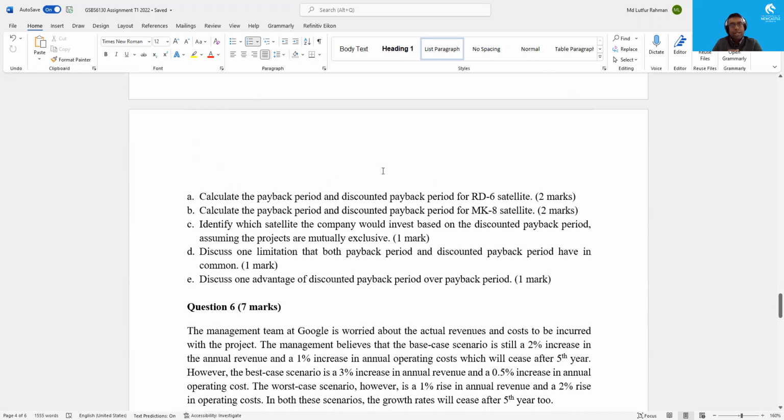Now, question number 7, calculate the payback period and discounted payback period, and you have a couple of questions. So I go back to the Excel file again.